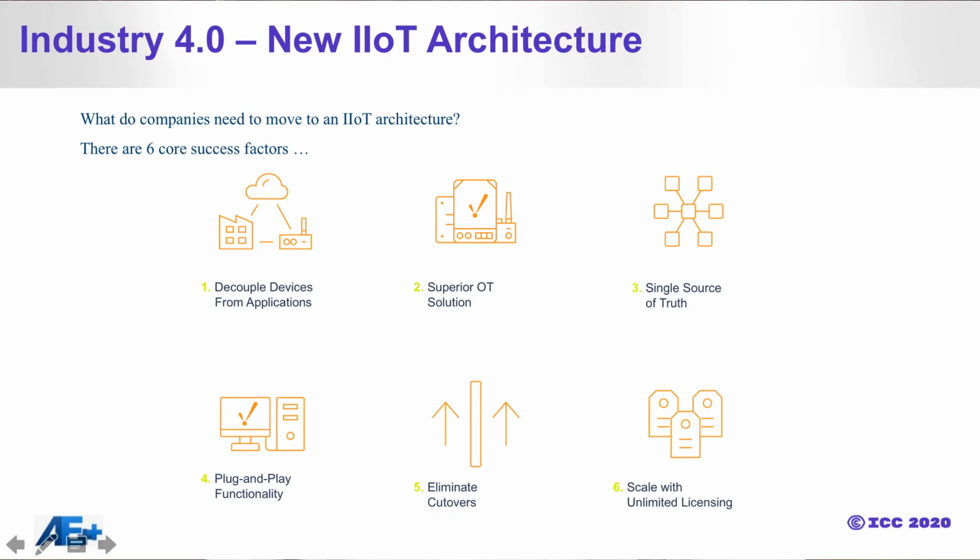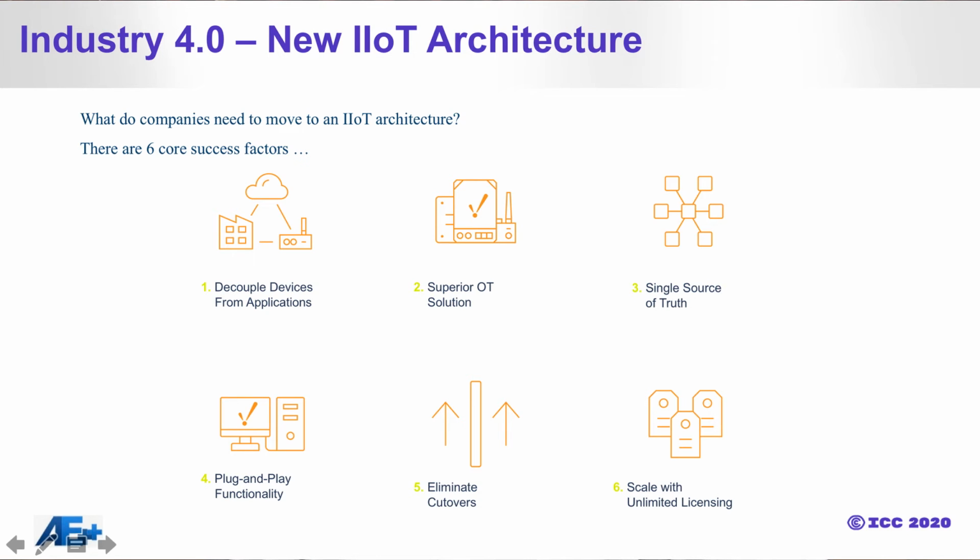What is very important in Industry 4.0 is the fact that there are 6 core factors which have to be taken care of when you talk about Industry 4.0 IIoT architecture. The first one is the fundamental concept to IIoT or IT-OT convergence: to decouple the devices from the application.